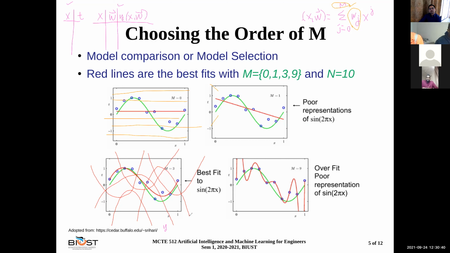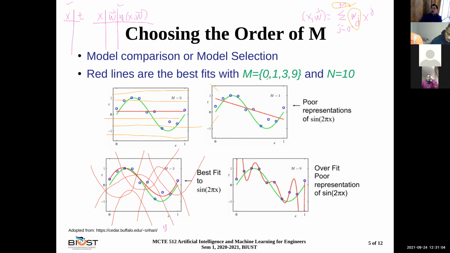Now we know how to play around with the degrees, what kind of polynomial we want, and specifically what values of the weights give us these graphs of the function.